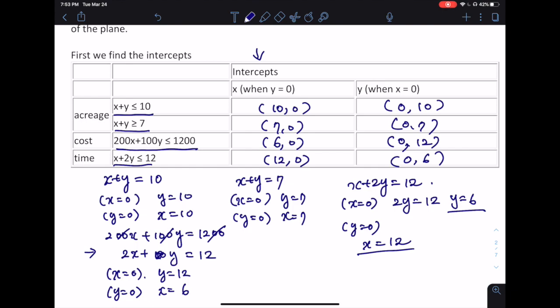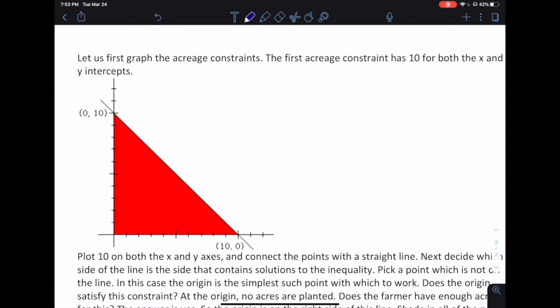So let's draw the line starting from x plus y is less than or equal to 10. We will draw those constraints step by step. So the x plus y equals 10 line is given based on the intercepts we found.